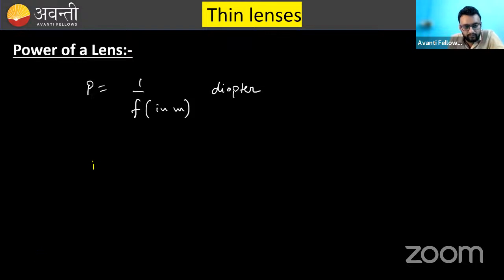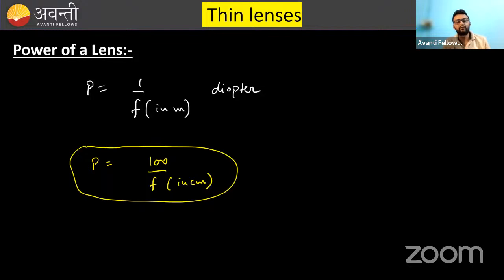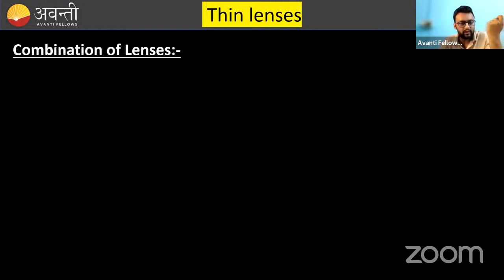P is equal to 100 by F. Now you can put F in centimeters. So whenever you are given a focal length of 20 centimeter, you should use this relation so that you will get power. Clear? The unit is again diopter. These are very small topics, so I will not take a lot of time, moving further.